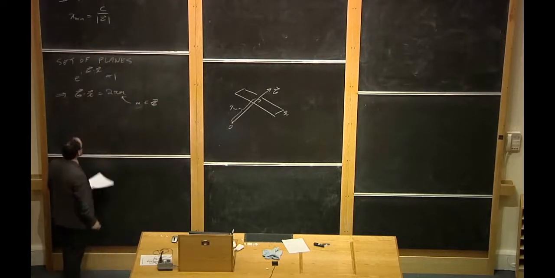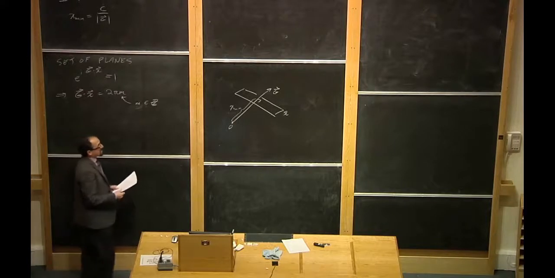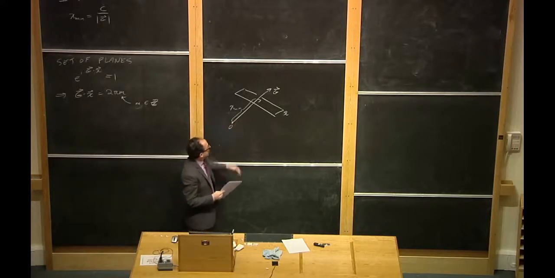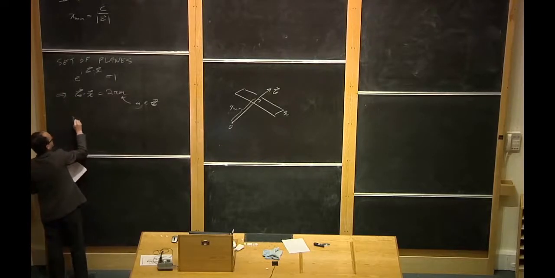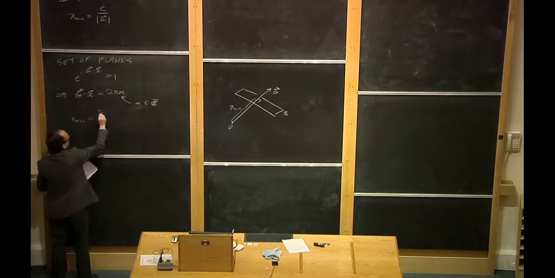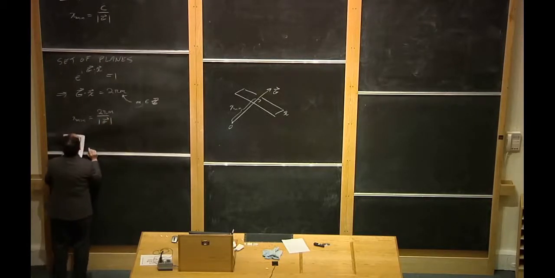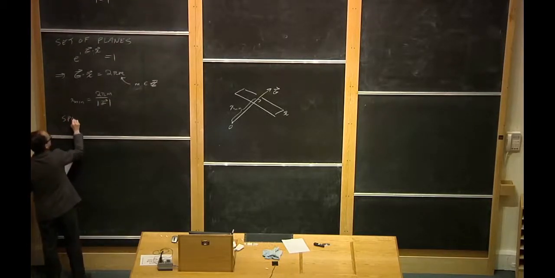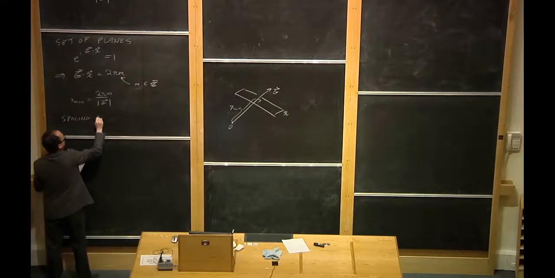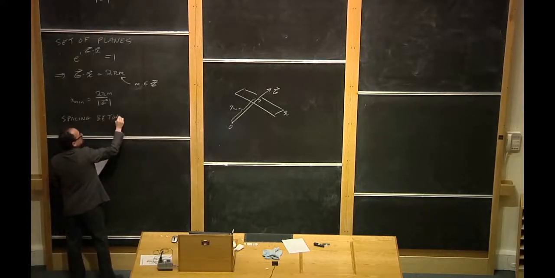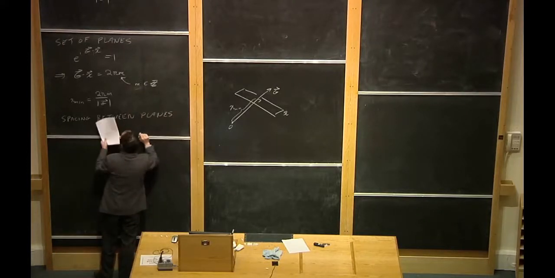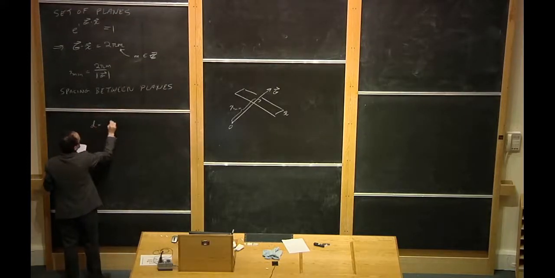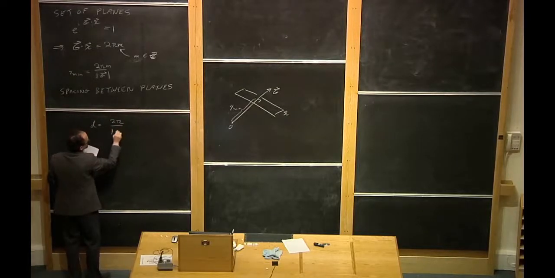So that means we have a whole bunch of planes whose minimum distance to the origin is given by 2πm, so x_min = 2πm over |g|. So the spacing between planes, d, is 2π over |g|.